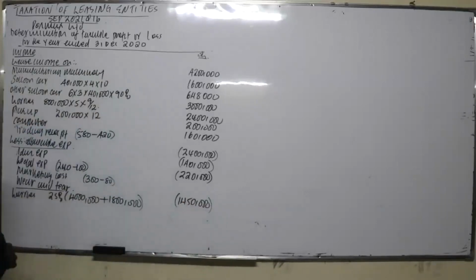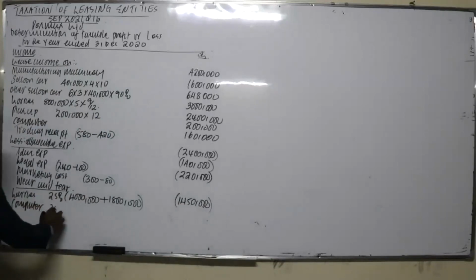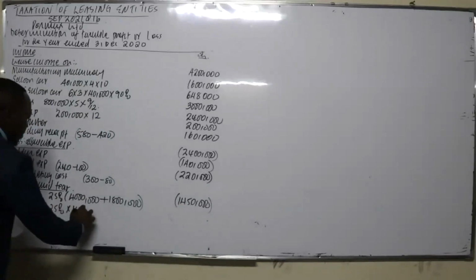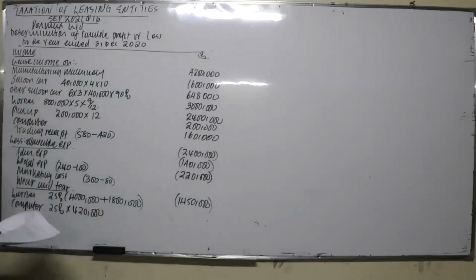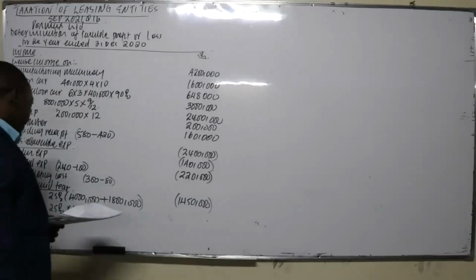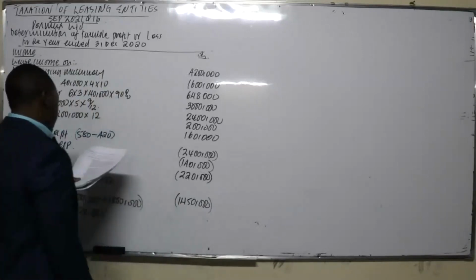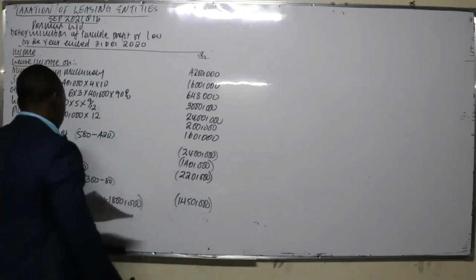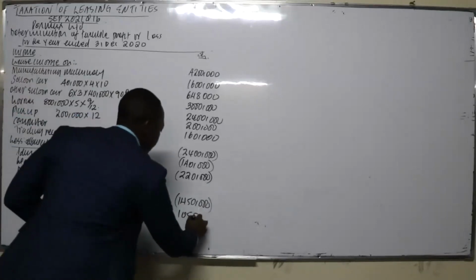Then you also have computers. Computer is still at the rate of 25% of 420. That is 210, you get 105. Was there any purchase of computer? No. So it's 105.